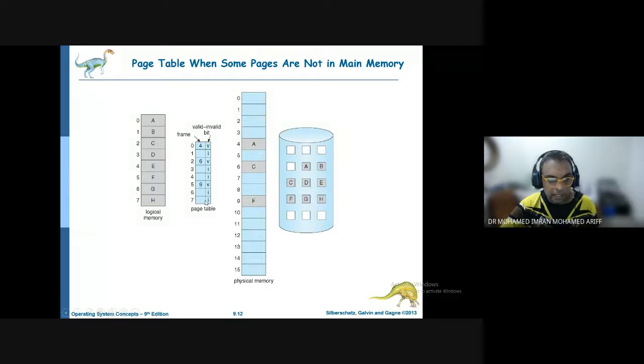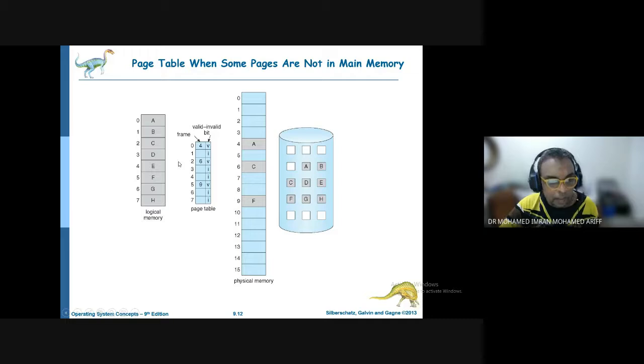It is invalid because it is not inside the physical memory, but it could be valid inside the hard disk here. Okay, it's valid inside here. It is here, but it's not inside here. So now to bring this inside here, the swapper will swap it in and update this.